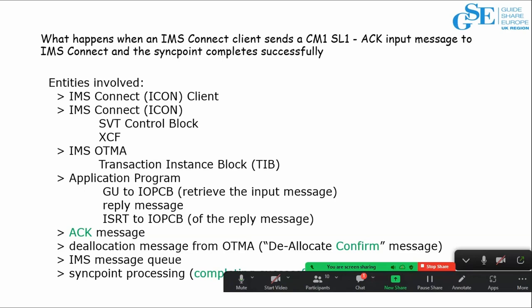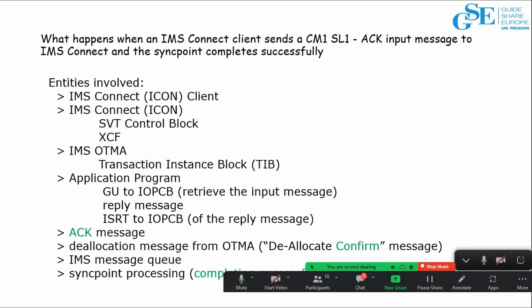Now OTMA starts processing the input message, which it received from IMS Connect, which received it from the IMS Connect client. The moment it does that, it creates a control block called a TIB, or transaction instance block.